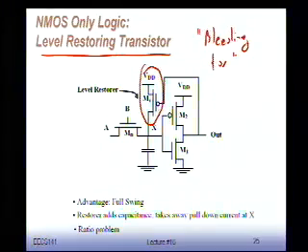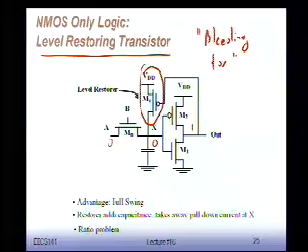So what does this do? When this is low, and this is high, this is low, this is 1, you can see that the VGS of this PMOS is going to be equal to 0. The PMOS is off, doesn't do anything. So that's fine, we're in good shape. Everything is normal.